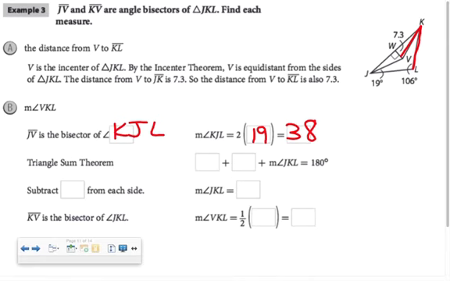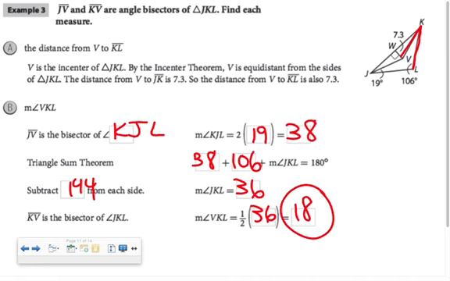The triangle sum theorem says that 38 that I just found plus 106, the measure of angle L, plus the JKL that I'm looking for, angle JKL, which is the third angle of the triangle, has to add up to 180. So when I subtract what 38 plus 106 add up to, that's 144. So I'm subtracting 144 from both sides, and I get 36. So KV is the bisector of angle JKL, so that means VKL will be half of 36, which is 18.